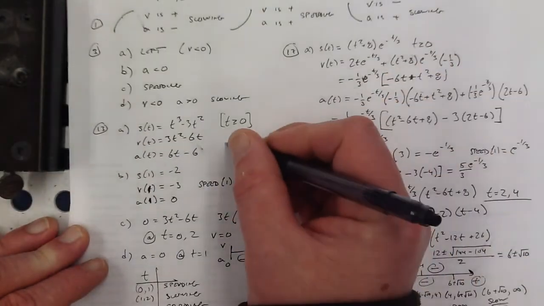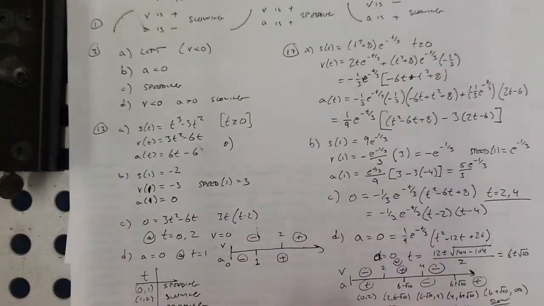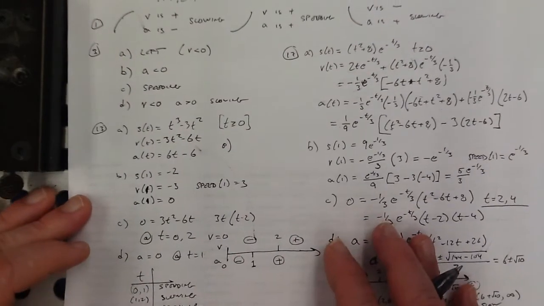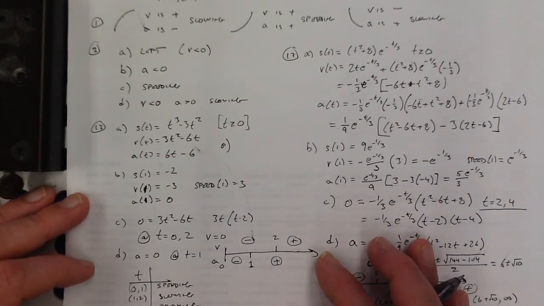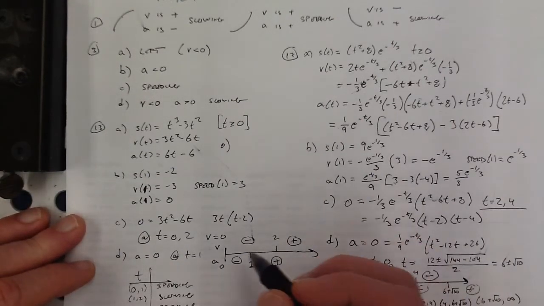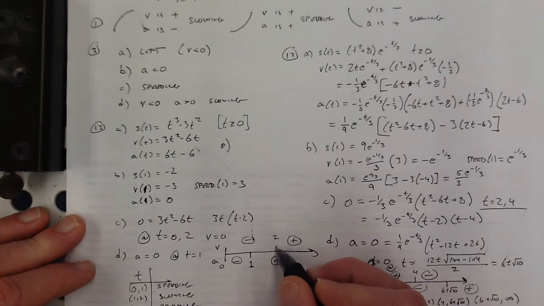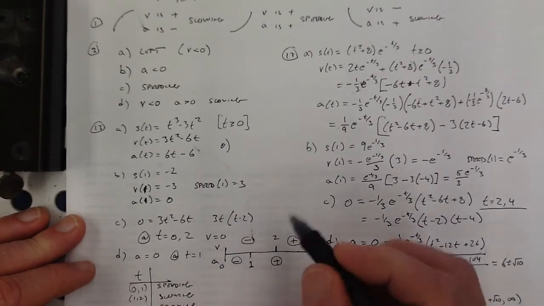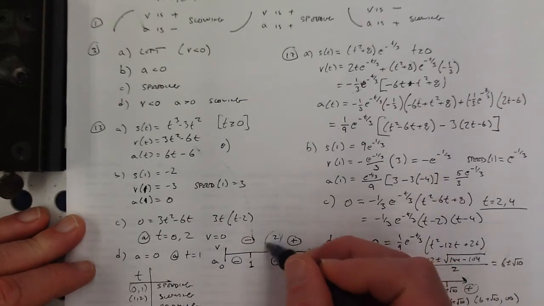So part E for this one, find the total distance traveled by the particle from time 0 to 5. So let's see. From 0 to 5, if I want the total distance traveled, then I need to look at the turnaround points here.